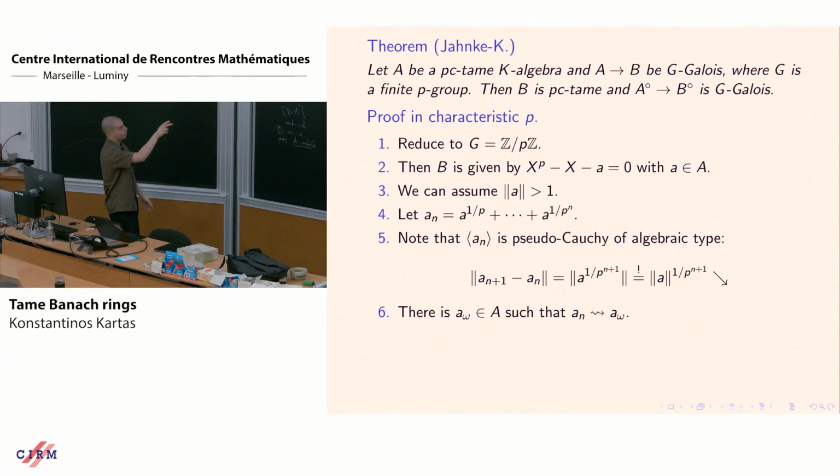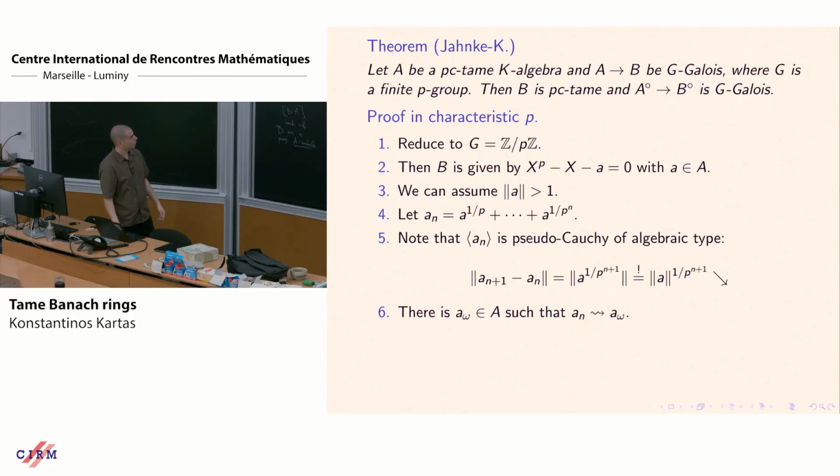But the norm of a^(1/p^(n+1)) is also the p^(n+1)-th root of the norm of a, because the norm is power multiplicative. So here we crucially use the fact that the spectral norm is power multiplicative. So in any case, you get a pseudo-Cauchy sequence.